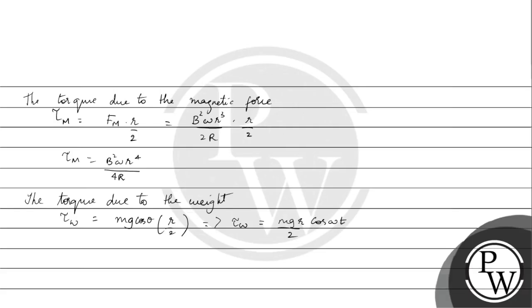So therefore the net torque will now be B squared omega R power 4 by 4R plus mgR by 2 cos omega t. So this is the expression which shows the dependence of the net torque on time. Hope you have understood it well.